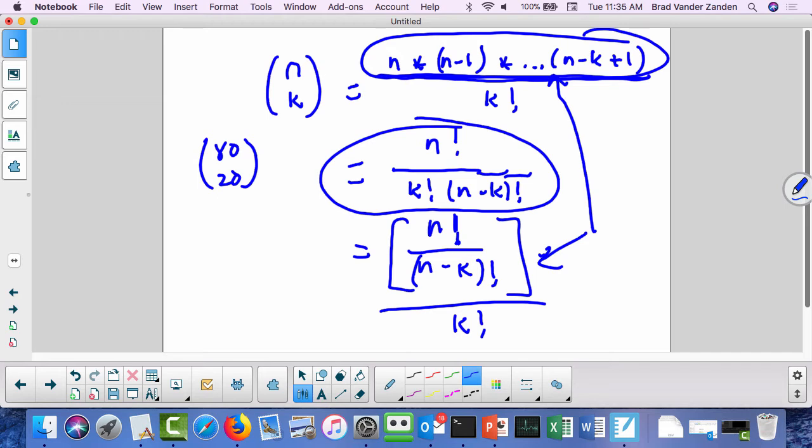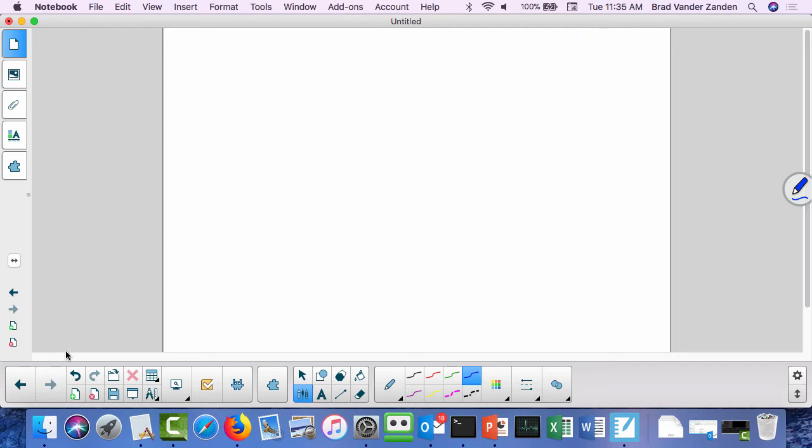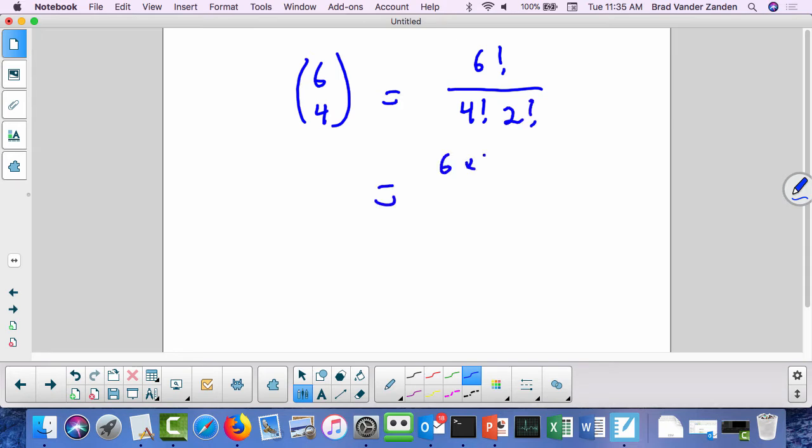For example, let's say you had 6 choose 4, which is equal to 6 factorial over 4 factorial 2 factorial. That can be written as 6 times 5 times 4 times 3 times 2 times 1 over 4 times 3 times 2 times 1, and then 2 times 1.